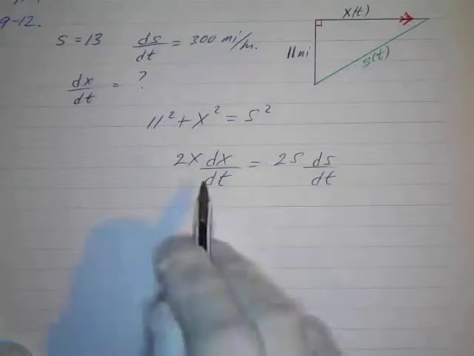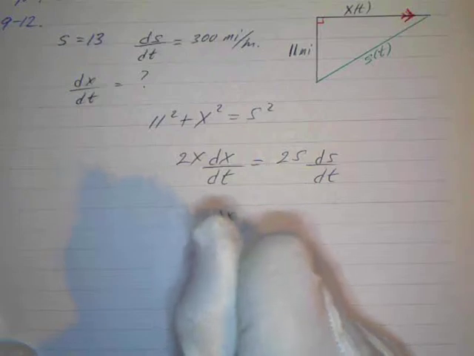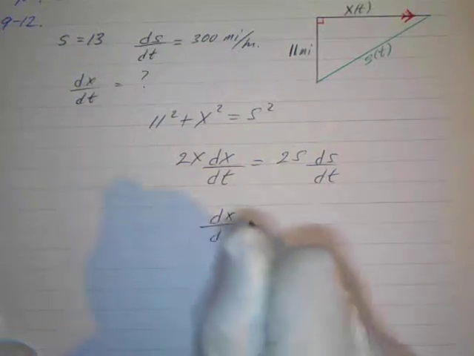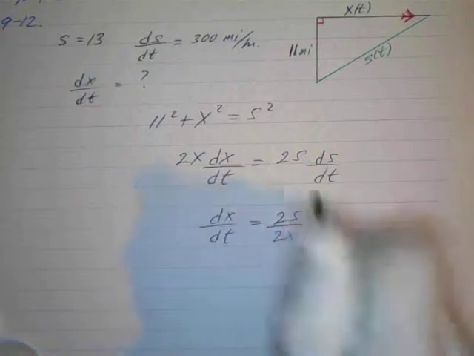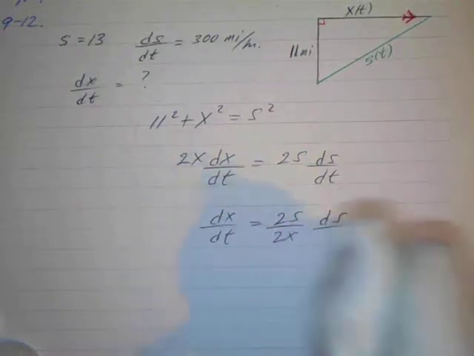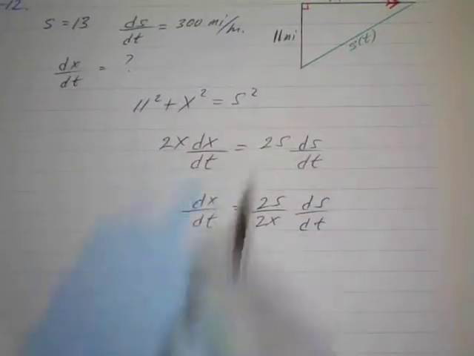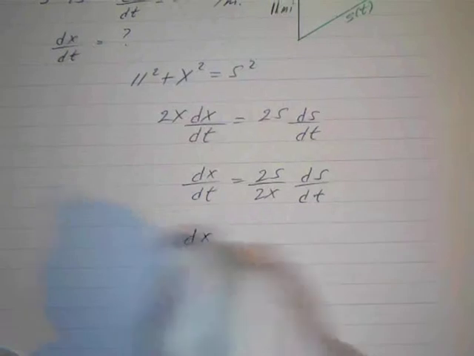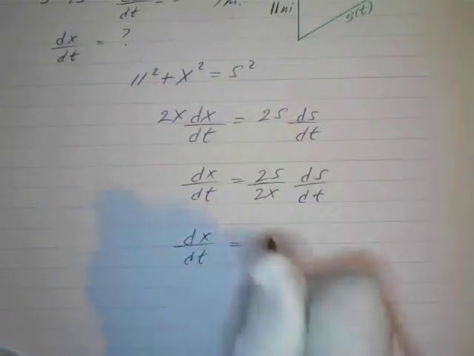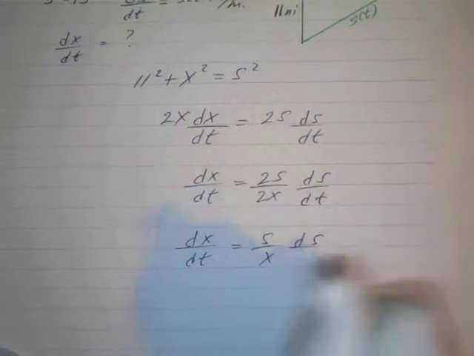And we're trying to find dx dt, so we can divide both sides by 2x. So dx dt equals 2s divided by 2x times ds dt. We'll just divide both sides by 2x, and 2 over 2 is 1, so we have dx dt equals s over x times ds dt.